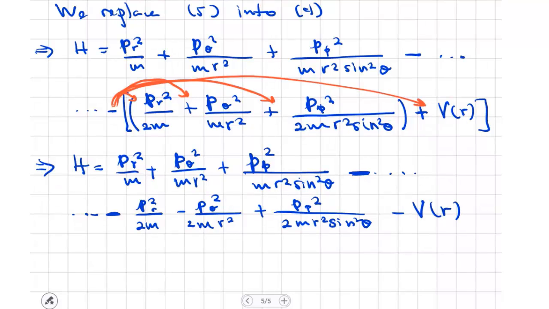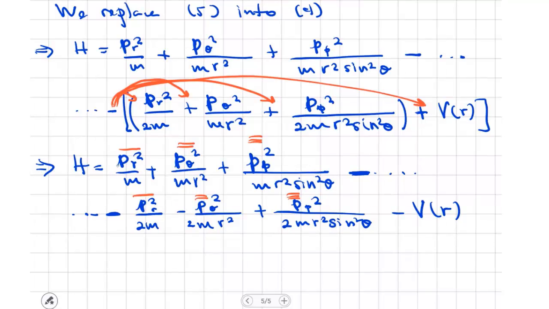So this term is alike with this, this with this, and this with this.